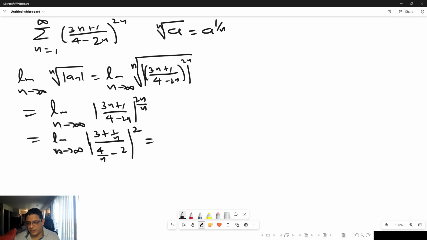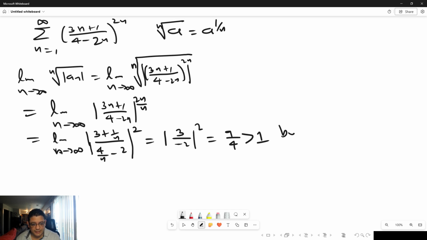And so notice that this goes to 0, this goes to 0, and this is just going to go to 3 over minus 2, squared, which is going to end up being 9 over 4. Now this number is bigger than 1.